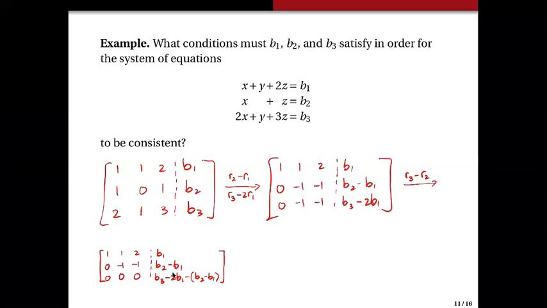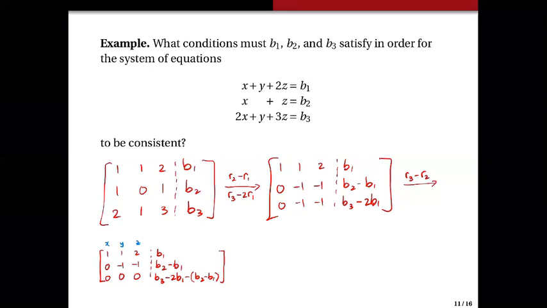Now, looking at this, remember that this is the column for x, this is the column for y, this is the column for z. And if you look at the third row, you just have 0x plus 0y plus 0z. Left-hand side is 0.